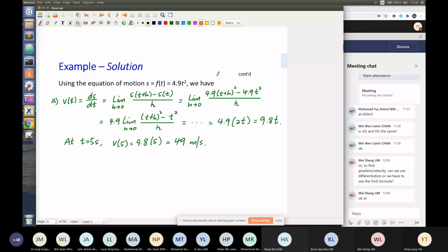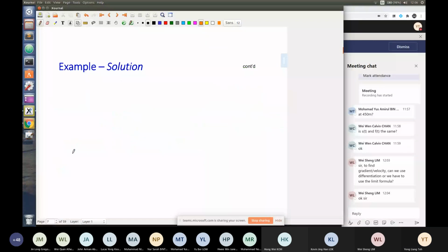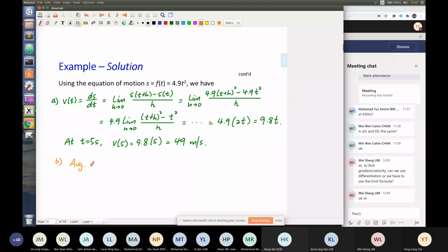So the average velocity in t from 1 to 5 is equivalent to S of 5 minus S of 1 divided by 5 minus 1.